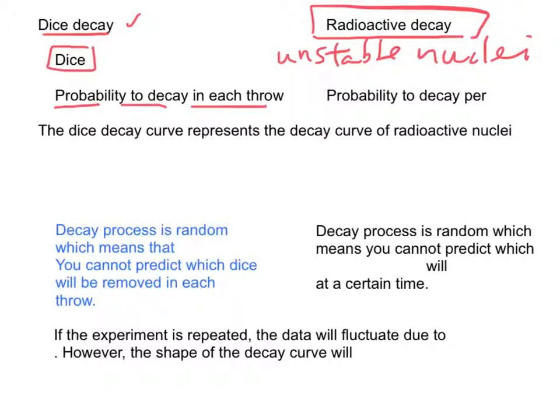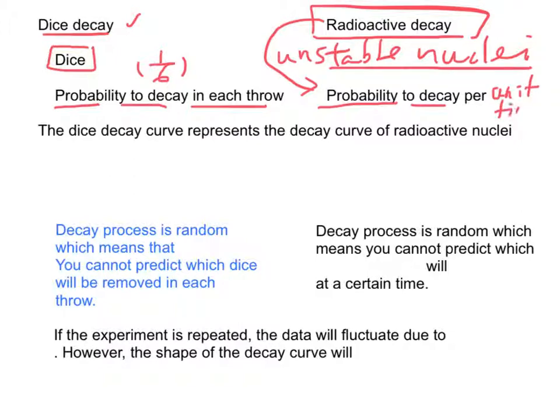In this example, this is 1/6. For radioactive decay, we say the probability that an unstable nucleus decays per unit time, which is K. And the value of K depends on which kind of unstable nucleus it is.